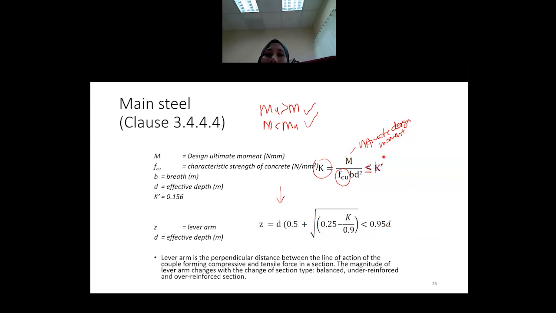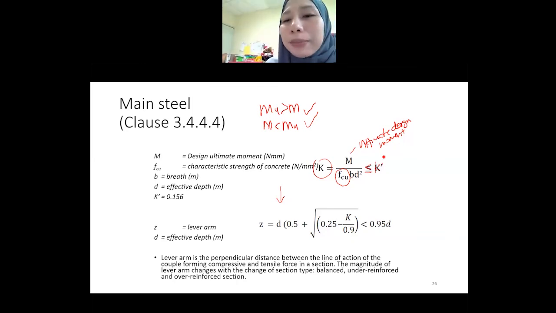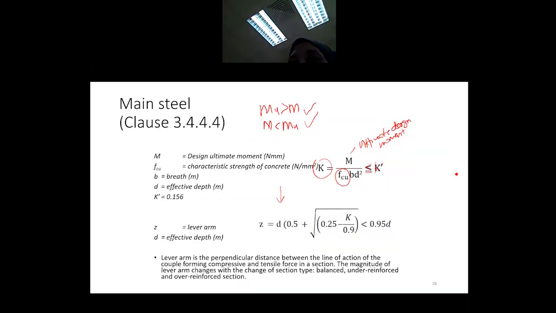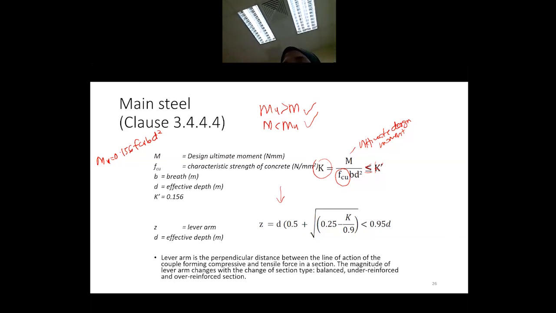So, if you still remember, tadi masa kita calculate M, MU equal to 0.156 FCU B D square. Okay, so tadi I dah cakap kan, MU ni adalah maksimum.